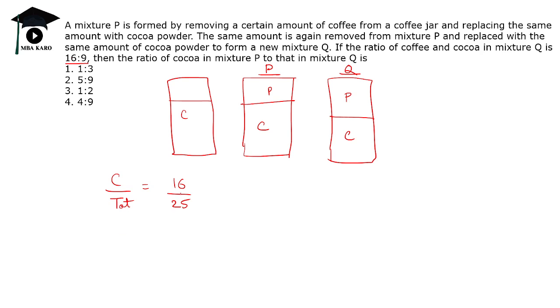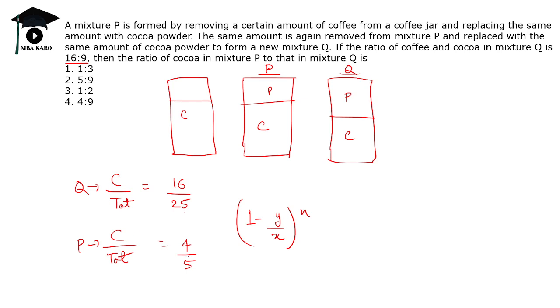So in Q it is 16 ratio 25. After two transfers, basically it is like 1 minus y by x raised to the power n. Okay, 1 minus y by x means how much portion are you replacing. So after two transactions it is 16 by 25 coffee ratio total in Q. In P it will be the square root of this, which is 4 by 5, right?